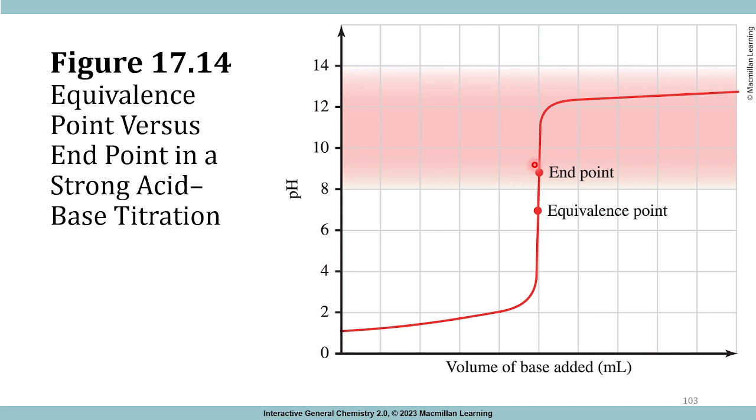And then we go, oh, pink, stop. And that's our endpoint, isn't it? Notice though, we are not at the equivalence point, are we? No, we're a little past it. In fact, we're not even at when it would have started changing color, right? Because we couldn't see that, could we? No. And so we end up at the endpoint up here, which again has some error to it.